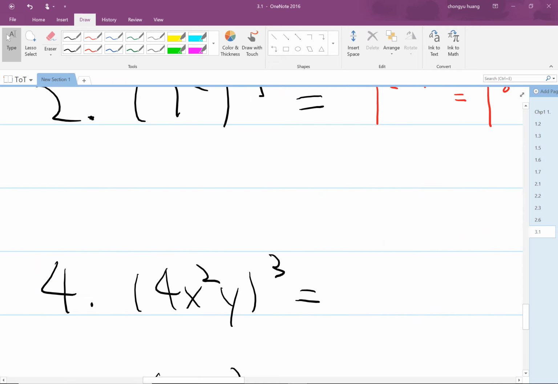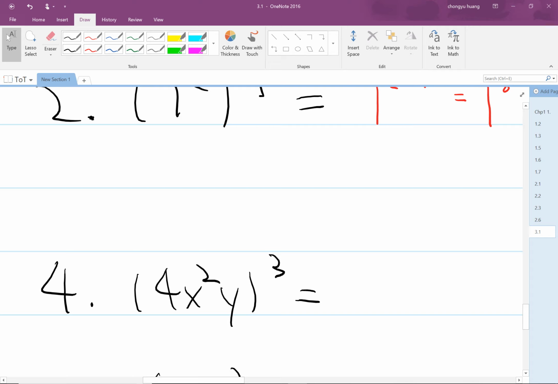We actually have to apply the property over here, and all the conditions have been met, because 4 is a real number, and 3 is a positive integer. Keep in mind, whenever you're applying the property, you always want to make sure the conditions have been met. So we are good to use the property.